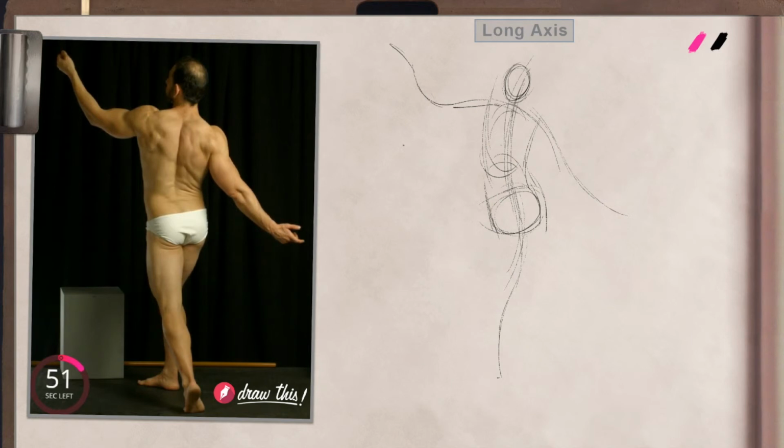Okay, so now I can bring that down. Instead of a hard corner, I'm going to try. My instinct is to make corners.